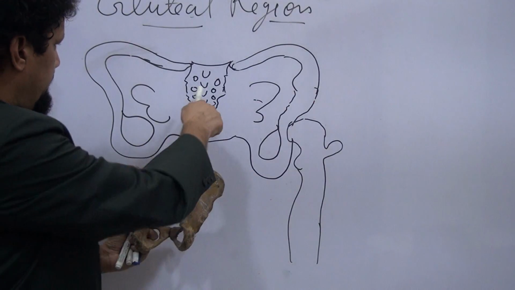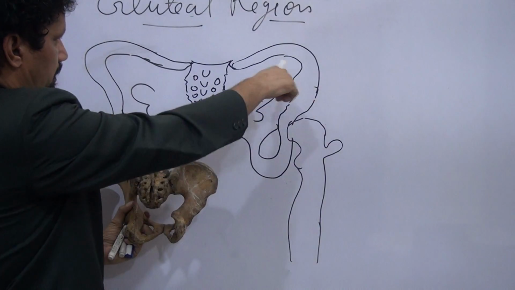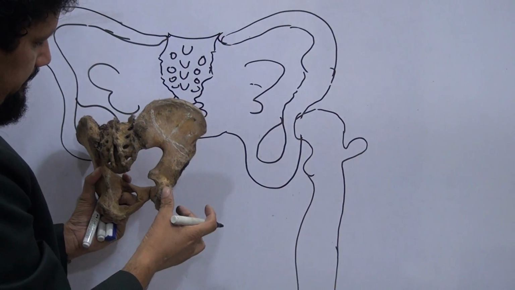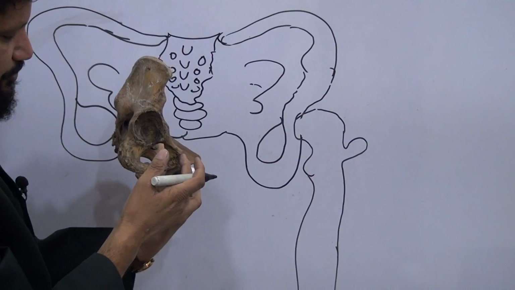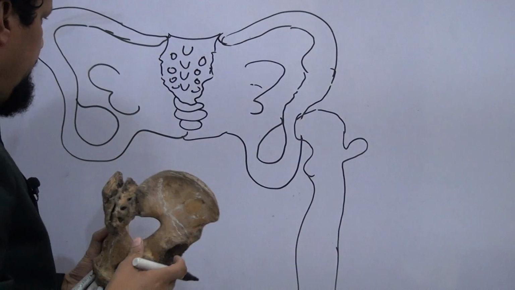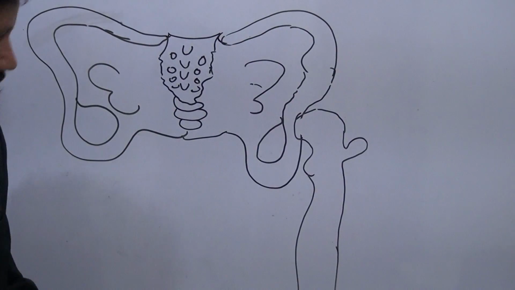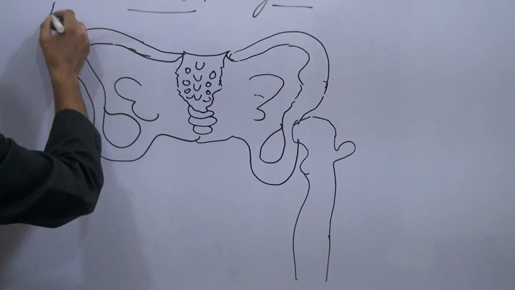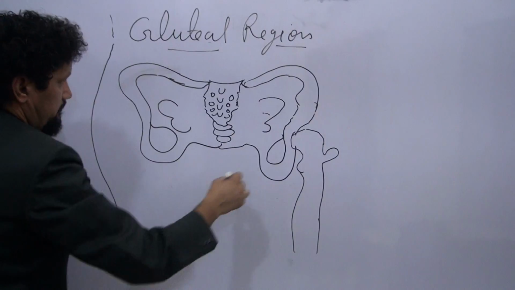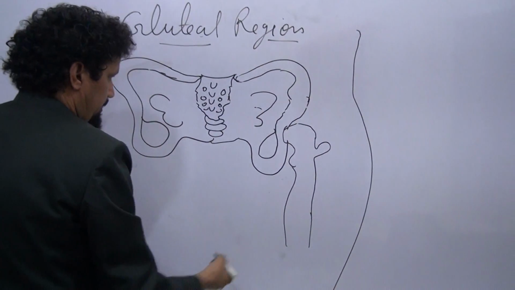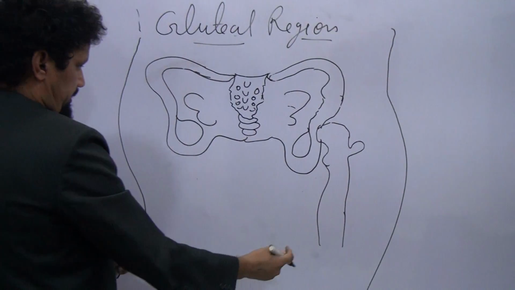Here we can see the sacrum, the coccyx, the ilium which is here, the ischium which is here, and pubis is the anterior part of the pelvis. So this is the bony anatomy and this is the gluteal region.